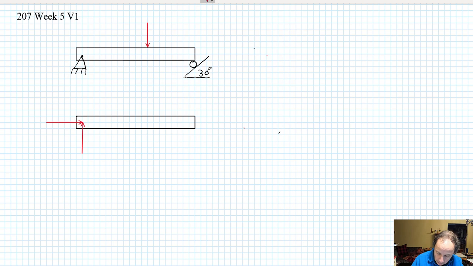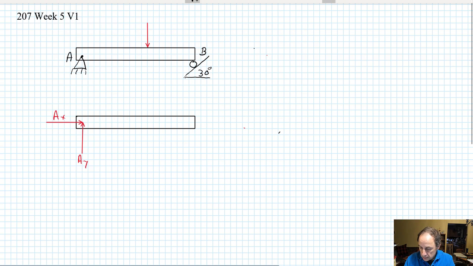Right, so AY, AX, this is point A, and this is going to be B over here. And so I don't forget it, let's put in our load, line that up there. And that is 2 kilonewtons.